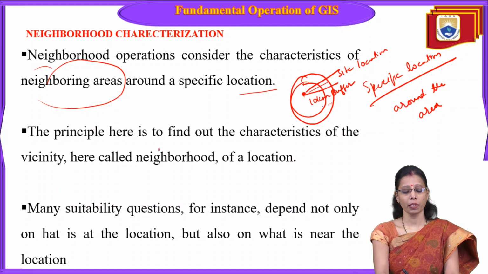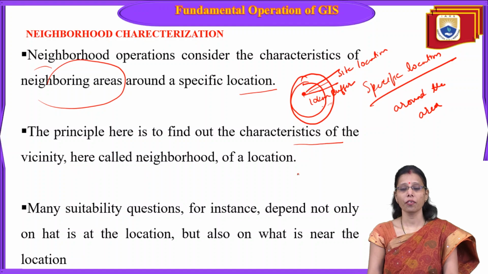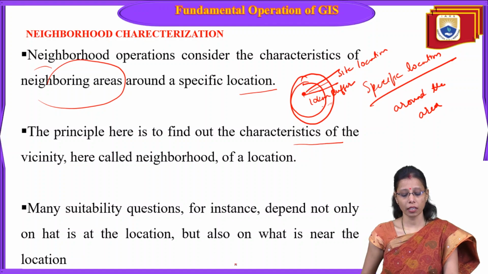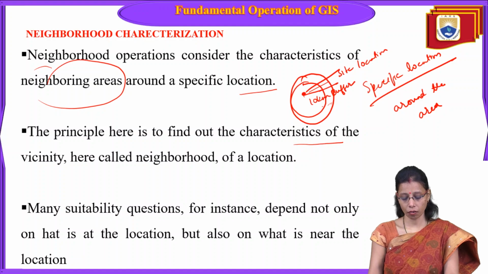So the principle here is to find out the characteristics of the vicinity, here called the neighborhood of a location. So what is the neighborhood of a location? It is finding the characteristics around the location wherever it is located. Many suitability questions depend not only on what is at the location, but also on what is near the location.